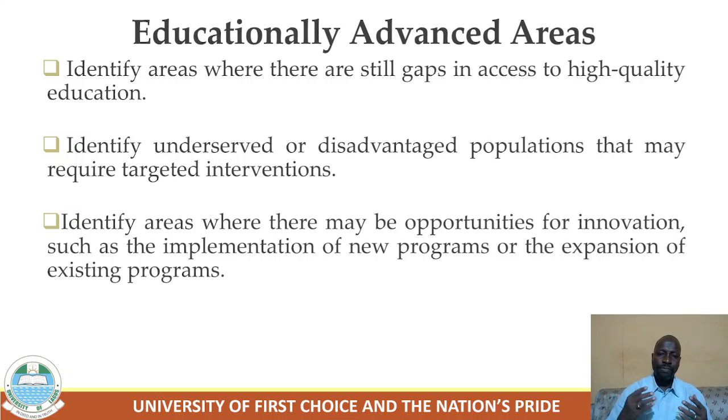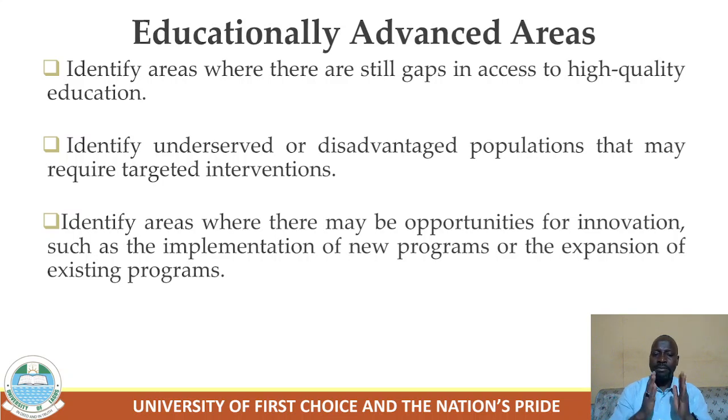When we carry out school mapping exercise, there is a tendency for us to have access to information regarding the underserved, regarding the disadvantaged population, be it children with special needs, be it women, be it girl child, or children in the streets.